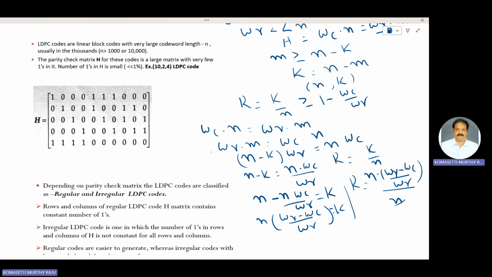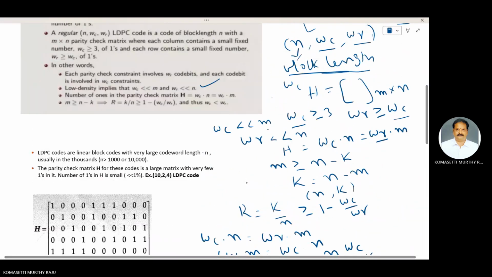N cancels. Therefore, the code rate R is equal to 1 minus WC by WR. One more important thing is WC is less than WR. The number of ones in each row is greater than the number of ones in each column. One more condition is that the number of ones in each column is greater than or equal to 3.